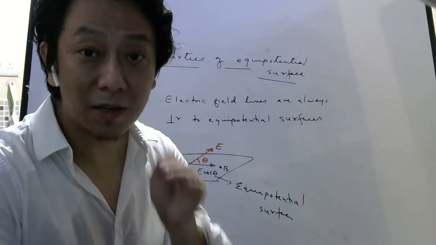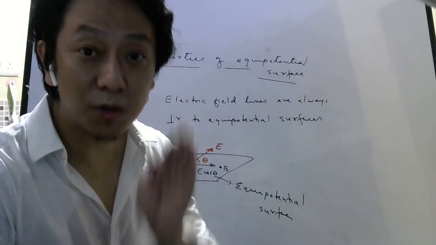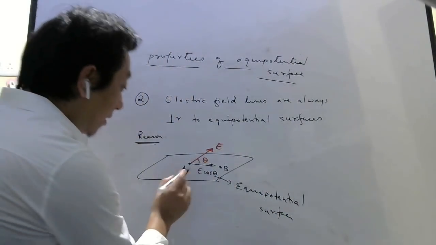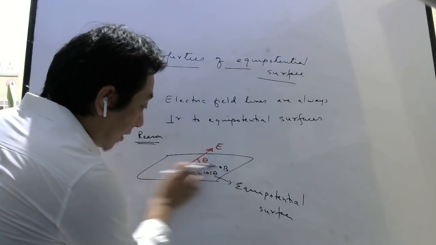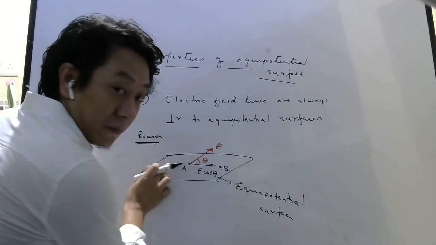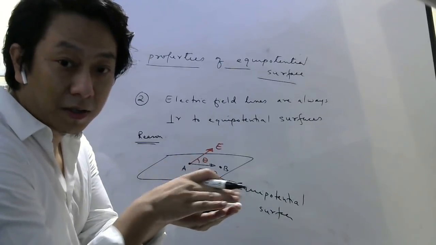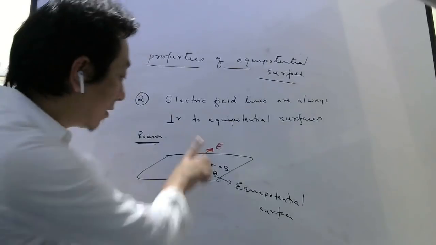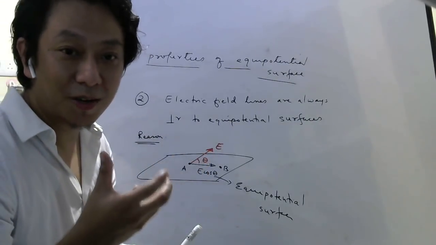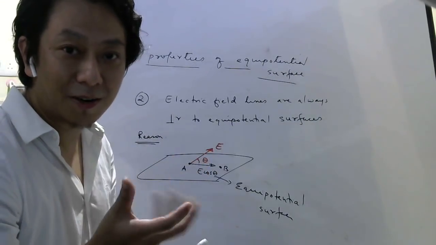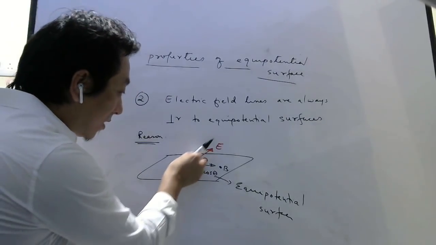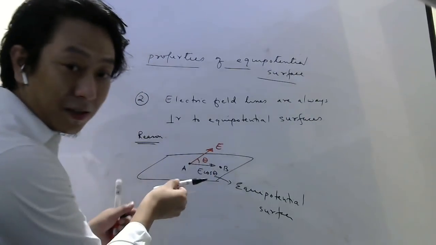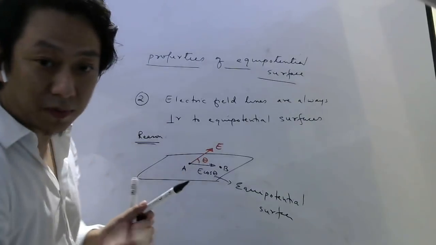Electric field lines are always from higher potential to lower potential. So if there is an electric field parallel to the surface, the component of the electric field is also electric field. The component of apple will be apple only, not pineapple. So the component of this electric field in this direction will be E cos theta, which is not zero.